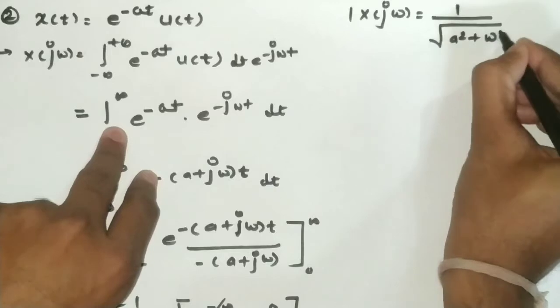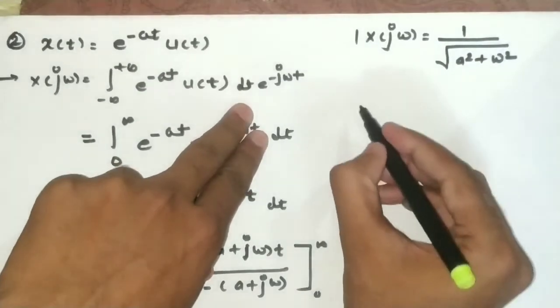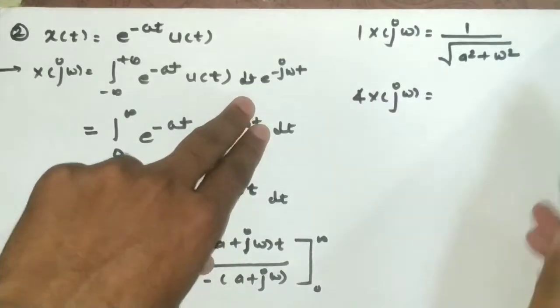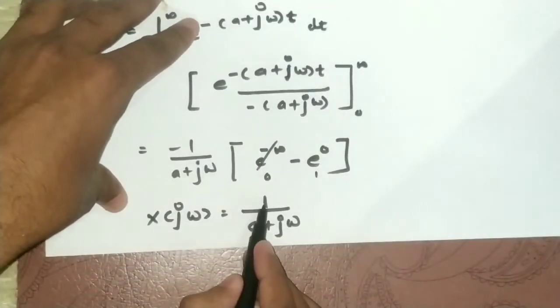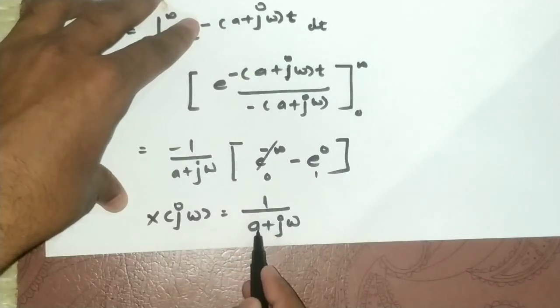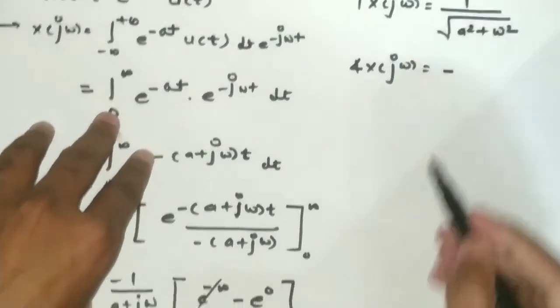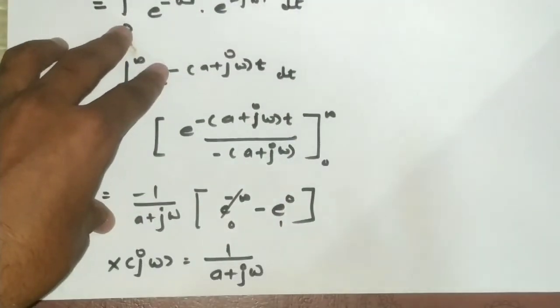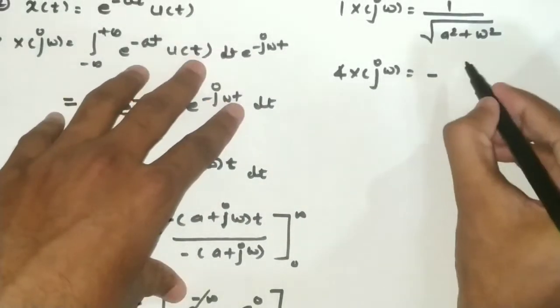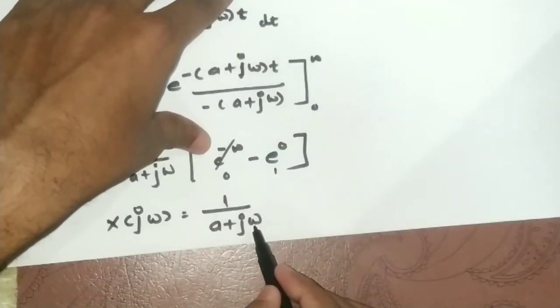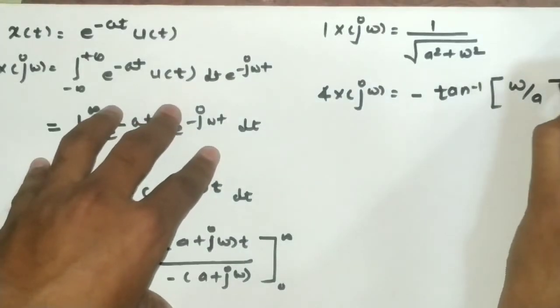Similarly, for the phase of X(j omega), this is a real number and its phase will be 0, and this is a complex number, so we put a minus sign. Why minus? Because this term is in the denominator, and when we take its phase spectrum, this will be 0 minus this term, which will be minus tan inverse of the imaginary term omega over the real term a, so this becomes omega divided by a.